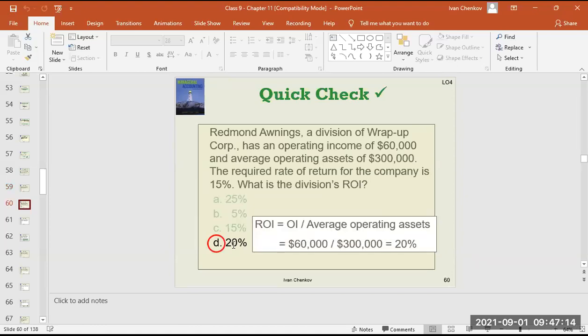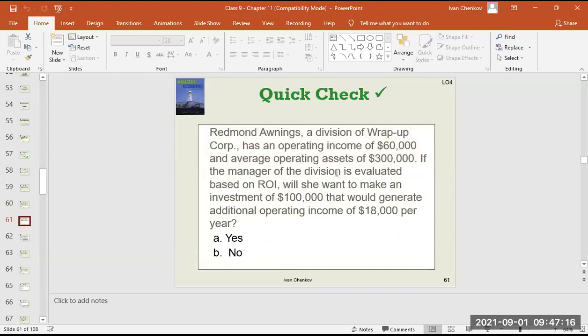20%, right. But listen to this. The division has operating income of 60,000 and average operating assets of 300,000. If the manager of the division is evaluated based on return on investment, she will make an investment of $100,000 that will generate additional operating income of 18,000. So currently they're making 20%.